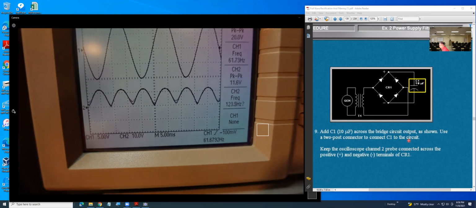Add C1. So let's go into here. You need the port to connect the C1.